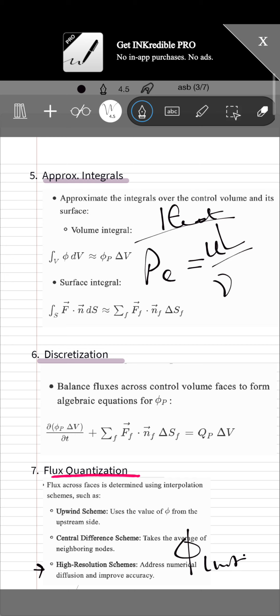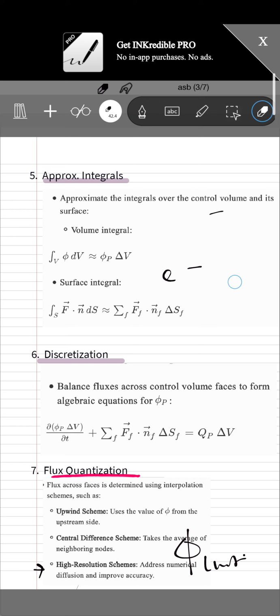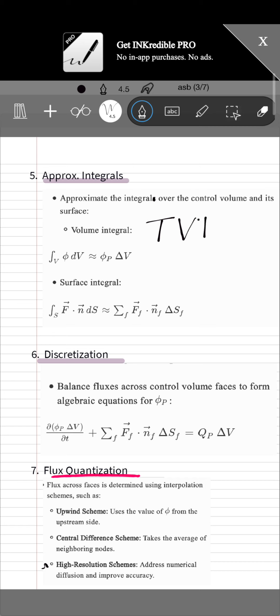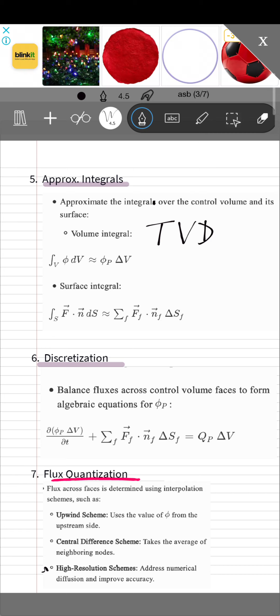Like this TVD, there is a scheme in the high resolution scheme called TVD. TVD stands for total variation diminishing.